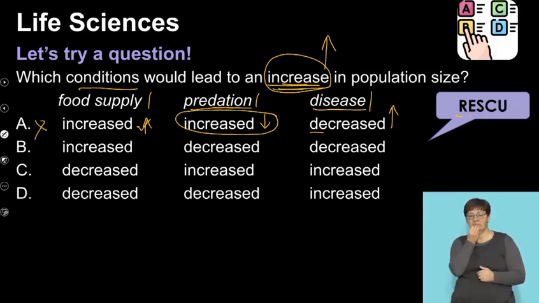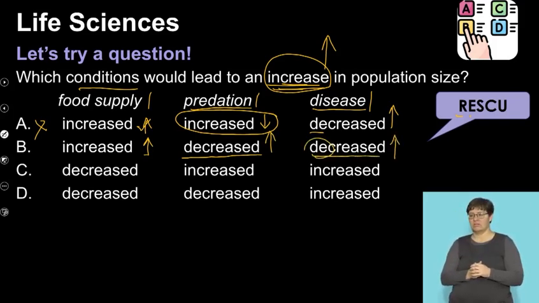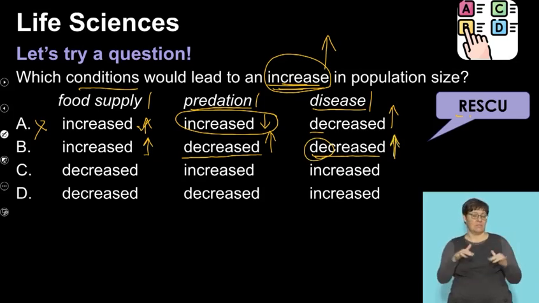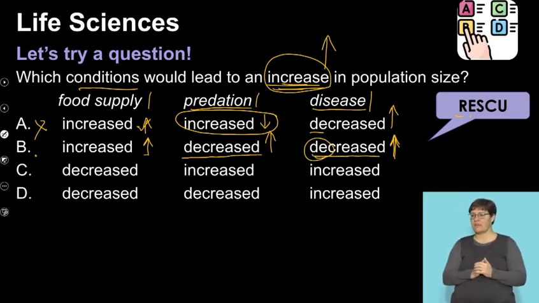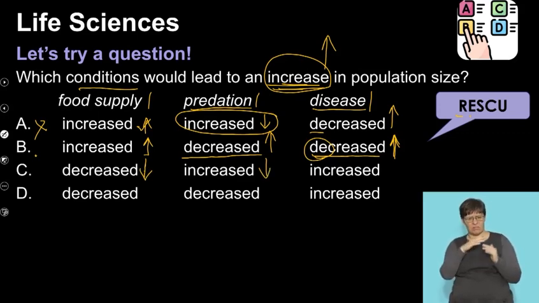What if the food supply increases? Yes, that is going to increase our population size. Predation decreases. That is going to increase population size. And disease decreasing, that is going to increase population size. So I'm not going to eliminate B at this point. A decrease in food supply, that's going to decrease my population size. An increase in predation is also going to decrease population size.